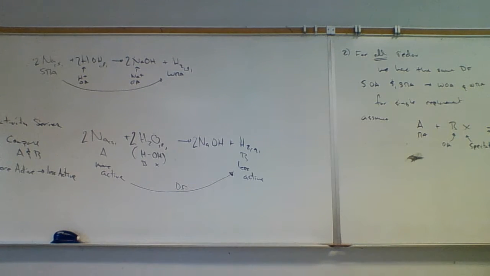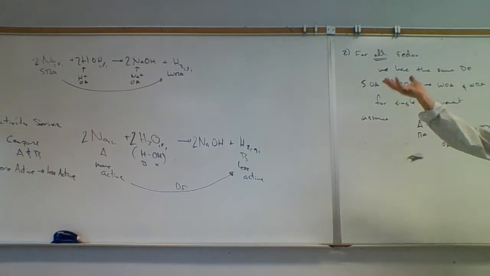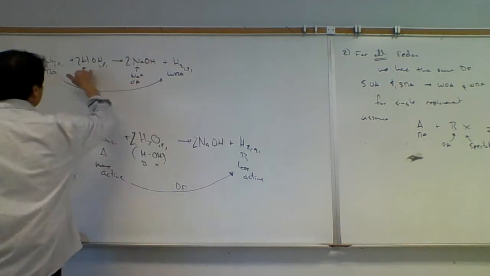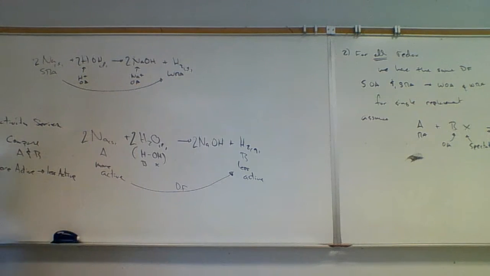Is sodium chloride a good oxidizer? HCl can eat up magnesium. Actually, well, anyway, this is not HCl. This is the H plus in water. So I have to put this in quotation marks, because water is not really hydrogen hydroxide. But we're just treating it as such in a single replacement reaction.